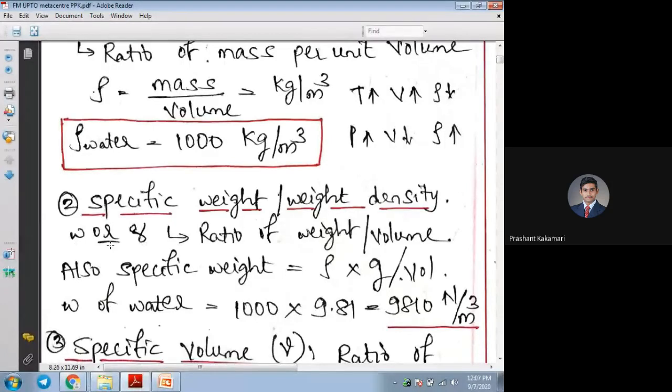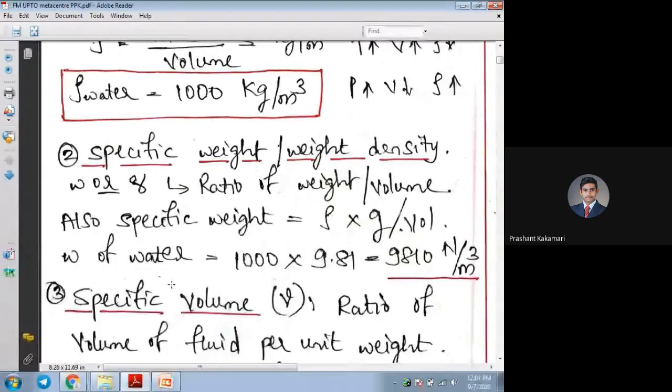Coming to the conversions from the mass density, density is indicated as rho. Multiply this with the gravitational acceleration g. Once you multiply density with g, it will become specific weight. Is that clear? So the entire equation should be either density into g, or mass into g divided by volume.